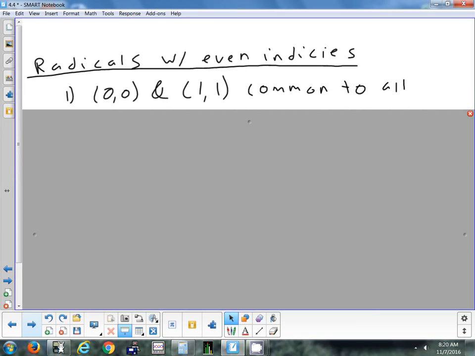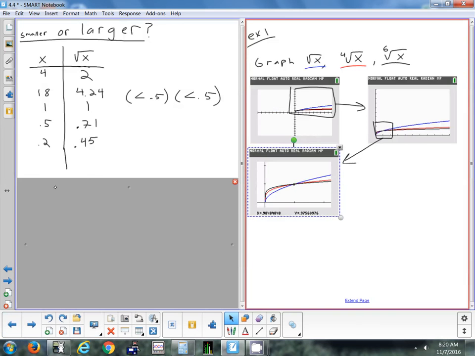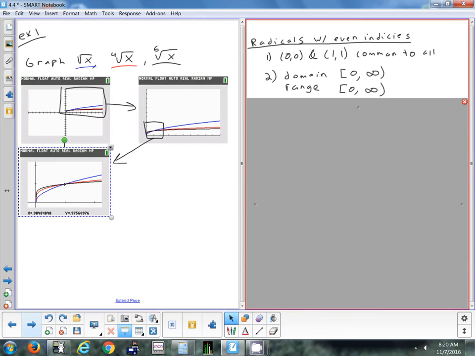So (0, 0), that's a point that all the graphs go through. And (1, 1), that's another point that they all go through. By looking at the big picture, we could see the domain and range. Domain, we can't go into the negatives.